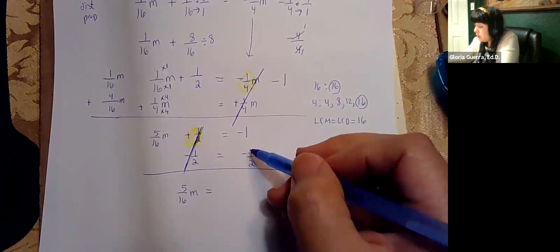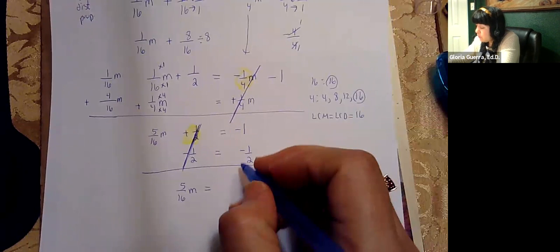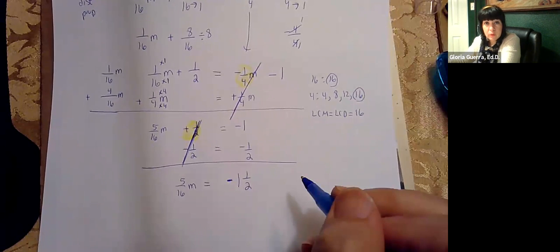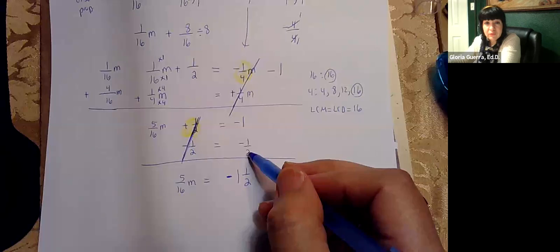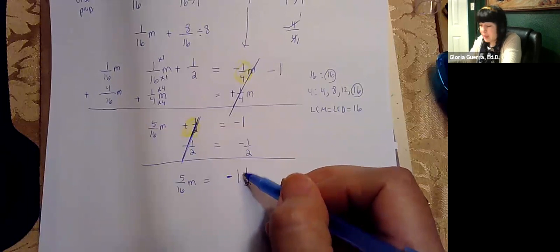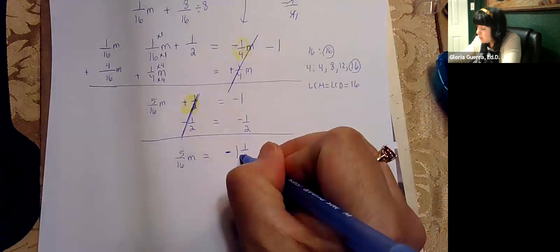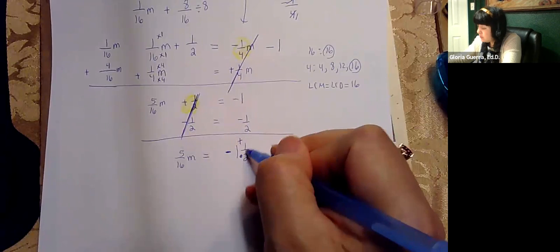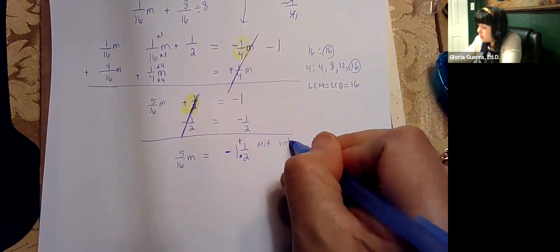A -1 plus a -1/2 is just a -1 and 1/2. Negative and negative is a negative. So this is just -1 1/2. And then I'm going to do this times and plus. So this is a mixed number, and I'm going to make it into an improper fraction.